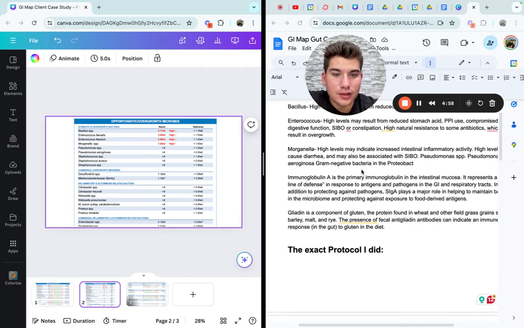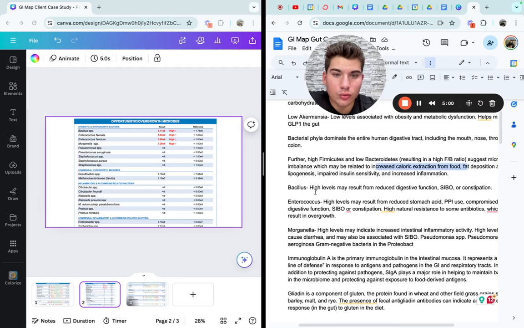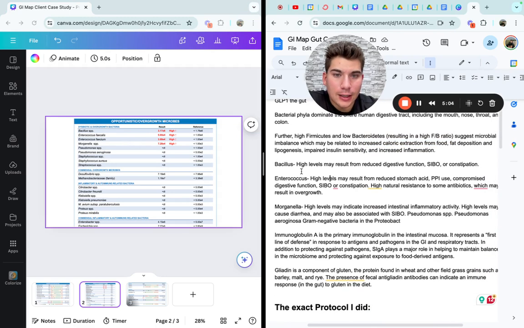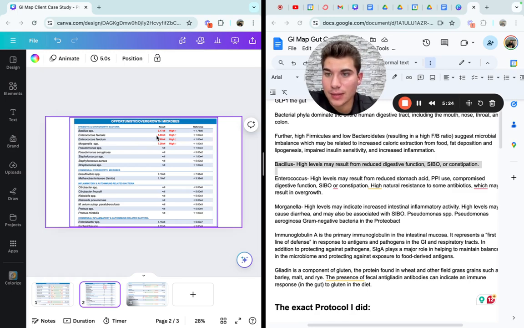meaning there's a lot of overgrowth of bacteria inside the GI tract. Okay. And so I have a breakdown of the specific bacteria strain and what it indicates as being high. So bacillus, high levels result from impaired digestive function. Either SIBO or constipation can cause bacterial overgrowth of this type.